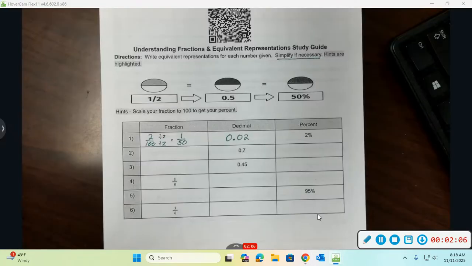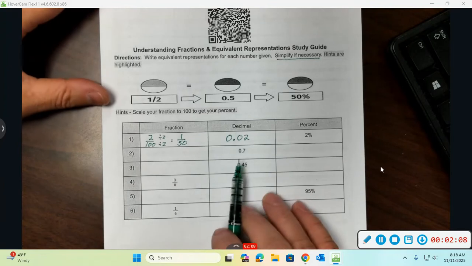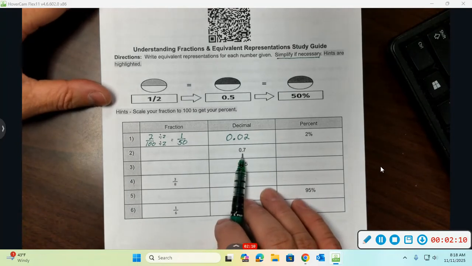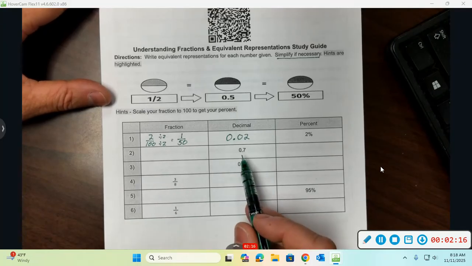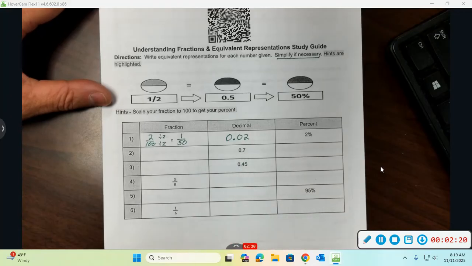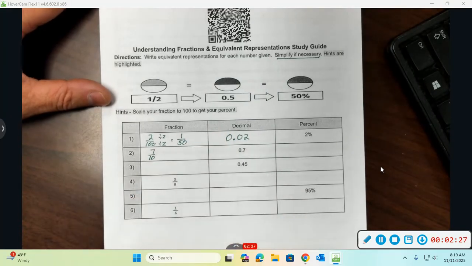All right, let's do this one. It says 7/10. So when we're given a decimal, I like to start with turning it into a fraction. How do you say this decimal correctly? 7/10. So what would that look like as a fraction? 7/10, because it said 7/10.